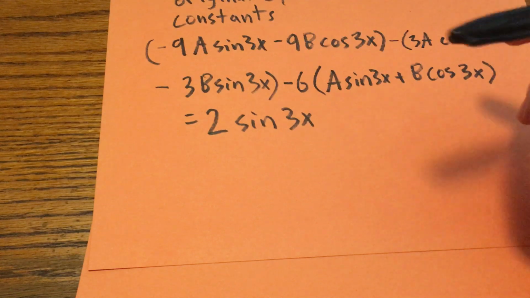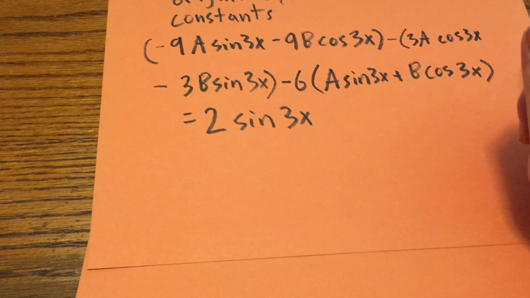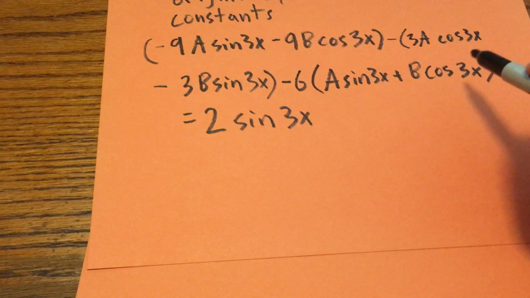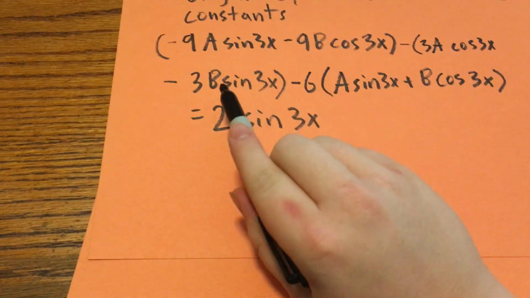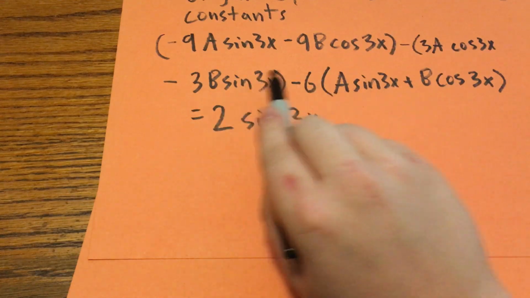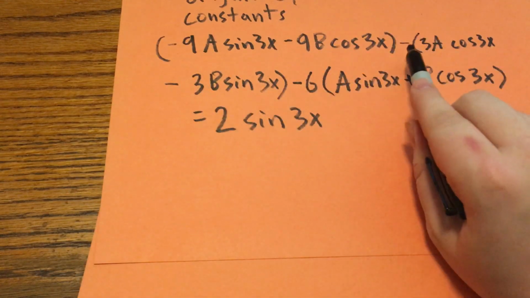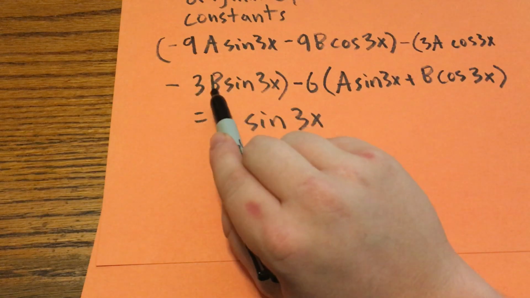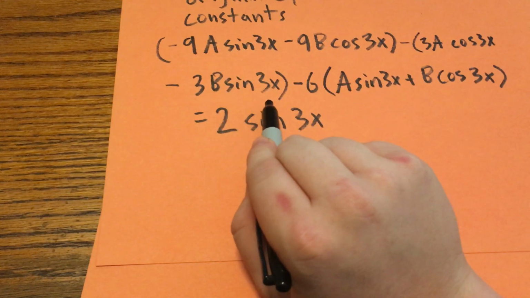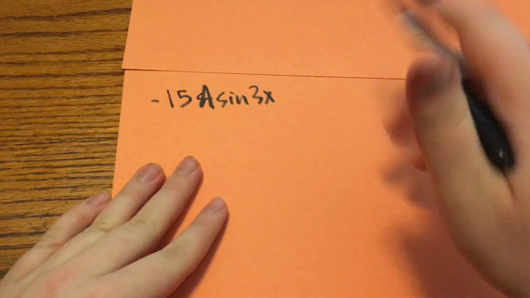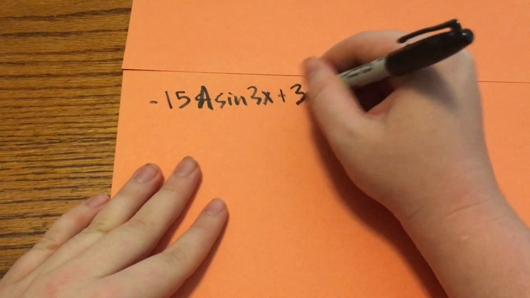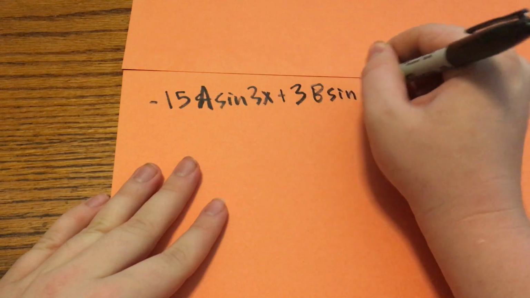We don't have to, but it makes it easier. So let's look for the b sine term. We see 1b sine and nothing else. So minus negative 3b sine of 3x. So it's plus 3b sine of 3x.